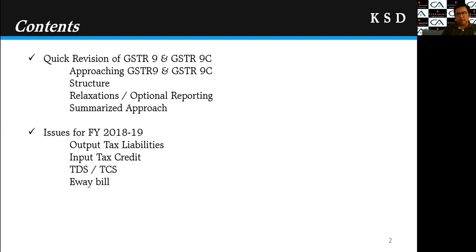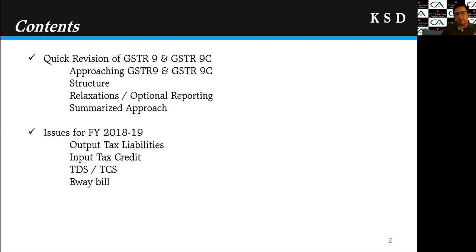In that quick revision, first we will cover the approach to the GSTR 9 and GSTR 9C. Then we will have the structure. What is the structure of the form GSTR 9 and 9C? Then we will have the relaxation, or one can say optional reporting. The government has given various relaxations in a phase-wise manner for the GSTR 9 and GSTR 9C reporting, and major relaxations came at the end of last year, 2019.